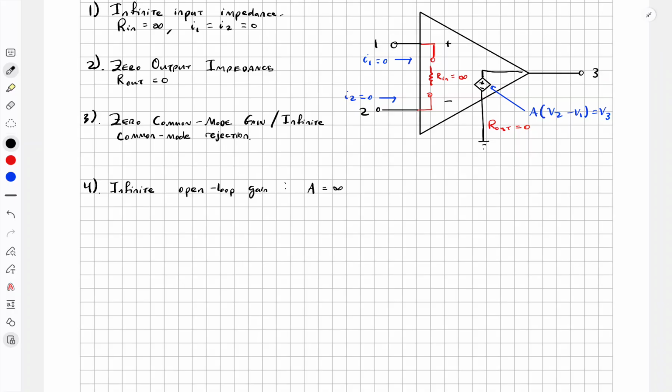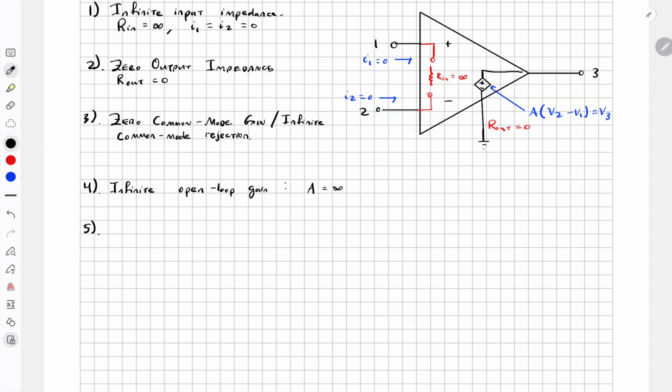We have a name for this, it is called open loop gain. Why is it open loop? We'll explain that in a little bit, but for now we have a name for this. A is called open loop gain, and in an ideal op-amp it is infinity. Obviously in the real op-amp this is limited by the power source and other circuit considerations, so it will not be infinity, but for now we take it as infinity.